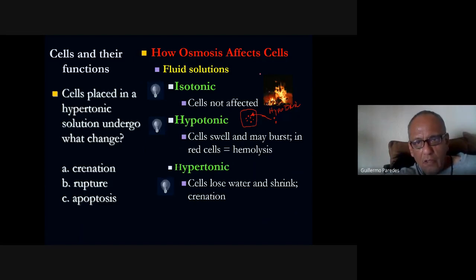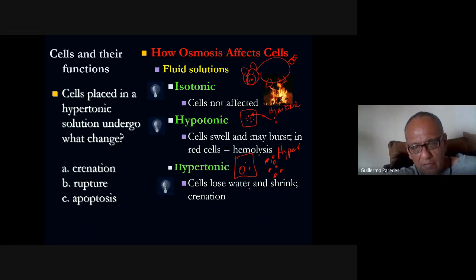And that is going to produce what I call the hypopotamus. Hypopotamus is big, swollen. Hypotonic produces hypopotamus cells. They are going to get swollen, and it's a way to remember. If you have hypertonic, again, it is high concentration outside of the cell but low concentration inside the cell.